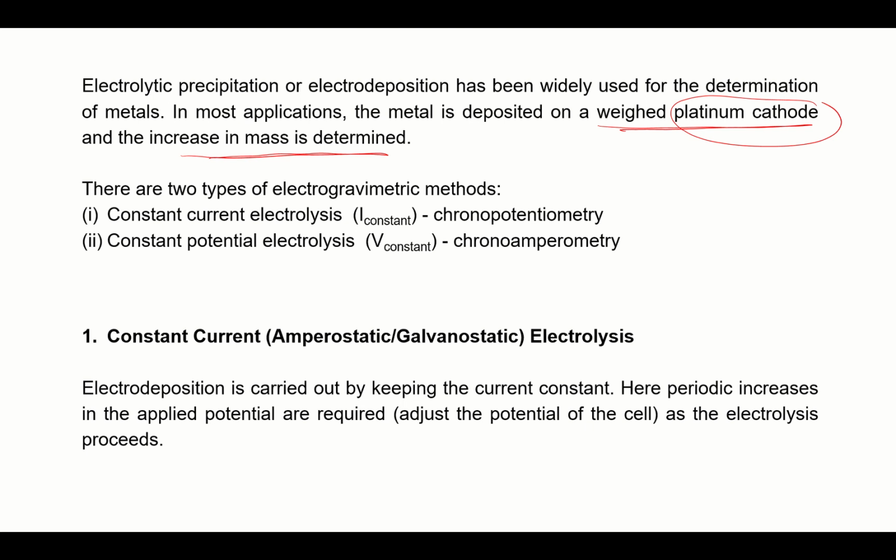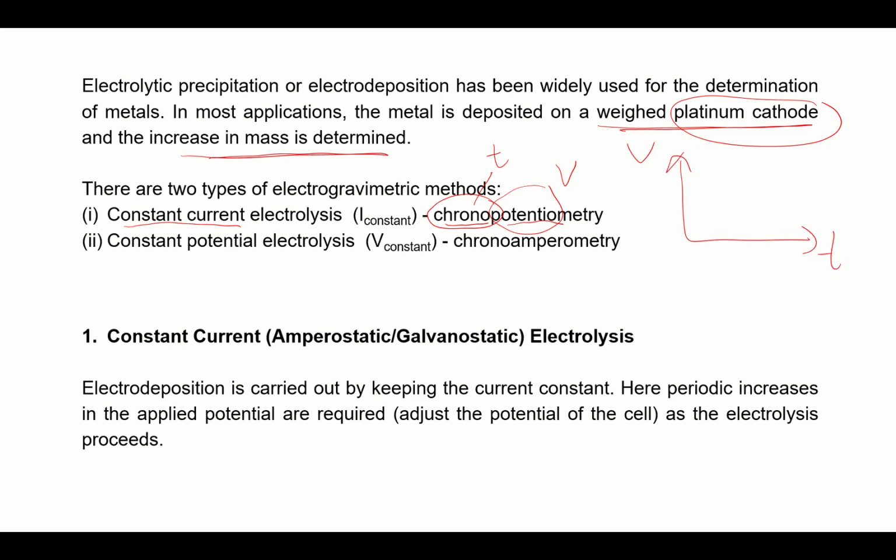So there are two types of electrogravimetry methods. One is by using constant current, which we call chronopotentiometry. You just measure potential V with time. Chrono is time, so you can plot V versus time.